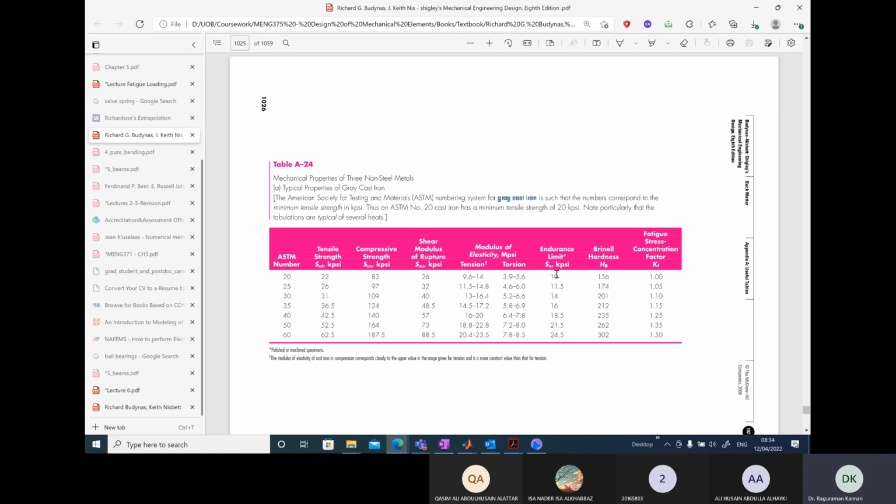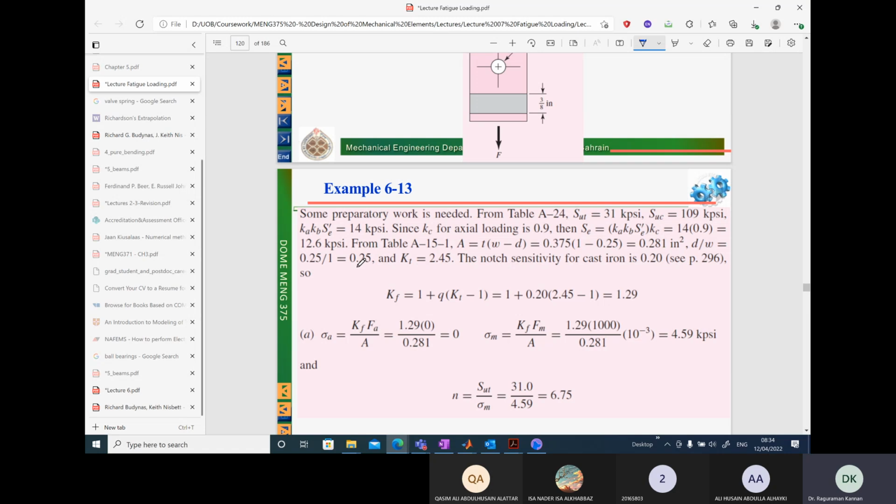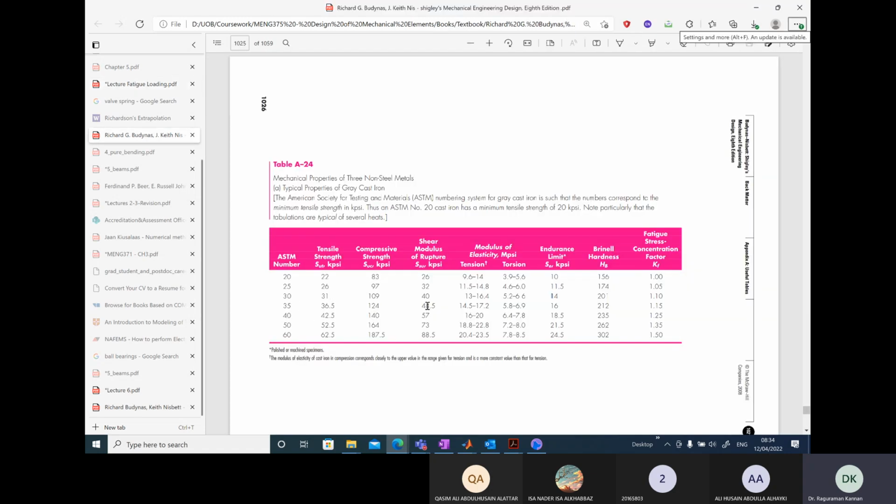So let's see what the value is here: 14 kpsi, which we are given in the problem. Yes, 14 kpsi. So these are the data.